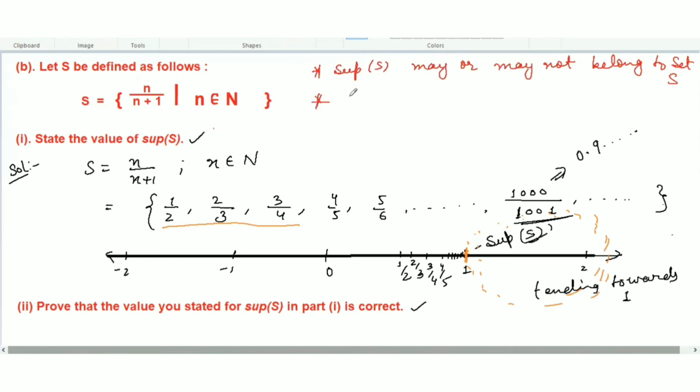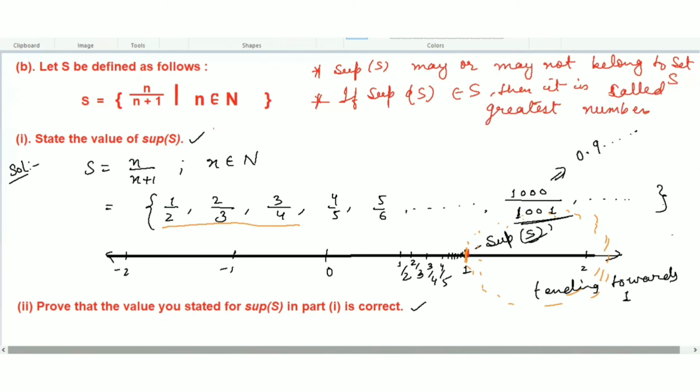And the second point is, if the supremum of S belongs to S, then it is called, or said to be, the greatest number.